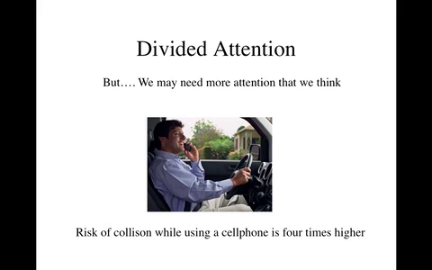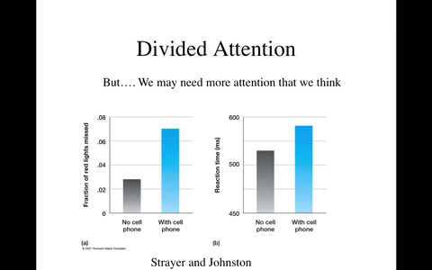And so if you're talking on the cell phone, that does require some processing resources. That is going to detract from your ability to do something else, like driving a car. And risk of collision is much higher. And as we see in controlled studies where people used driving simulators, people with cell phones made many more errors, like missing red lights. Their reaction times were slower.